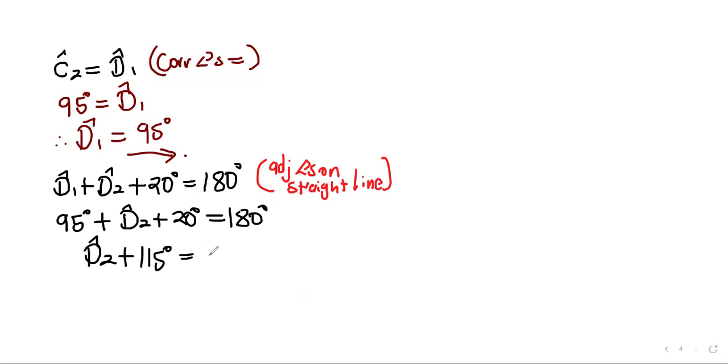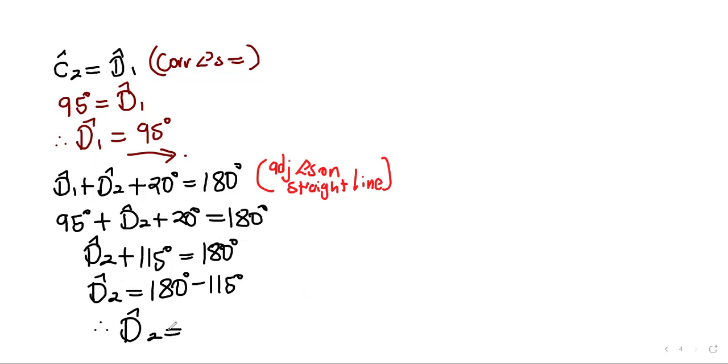So 115 degrees is equal to 180 degrees. Angle D2 is equal to 180 degrees minus 115 degrees. Therefore, the size of angle D2 is equal to 180 degrees minus 115. So that will be 65.